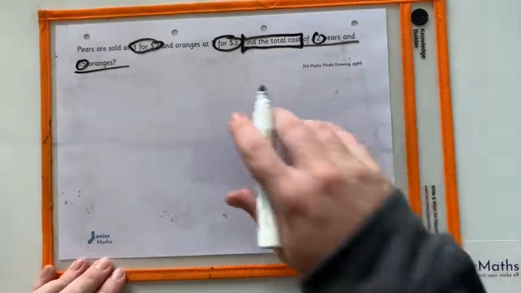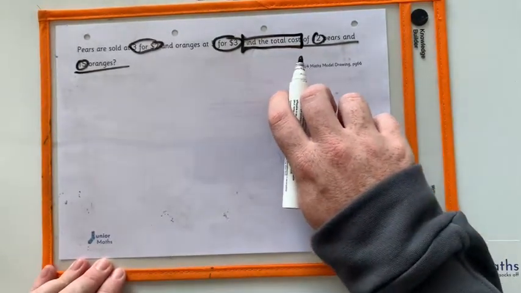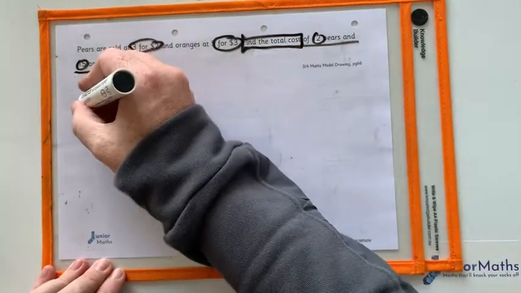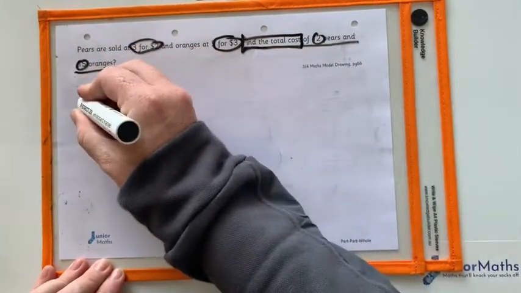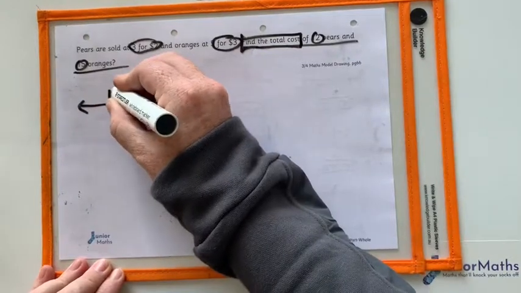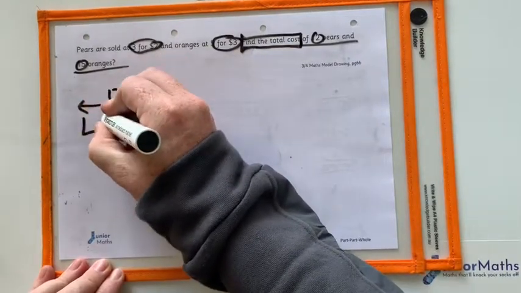Alright, so let's start with the 12 pears. So I'm going to buy 12 pears. It's sold in lots of 3.